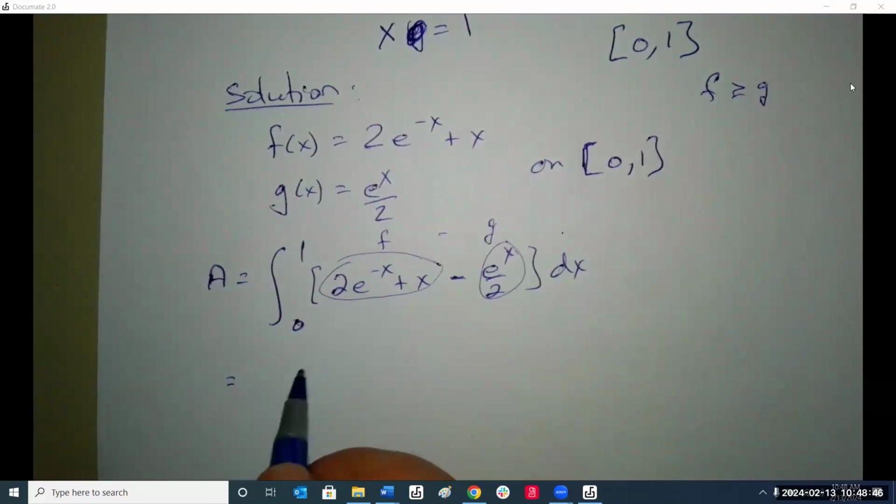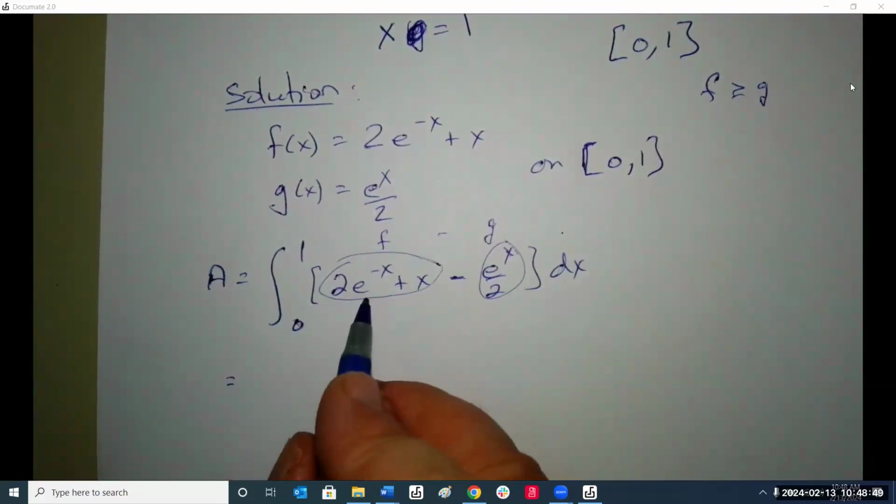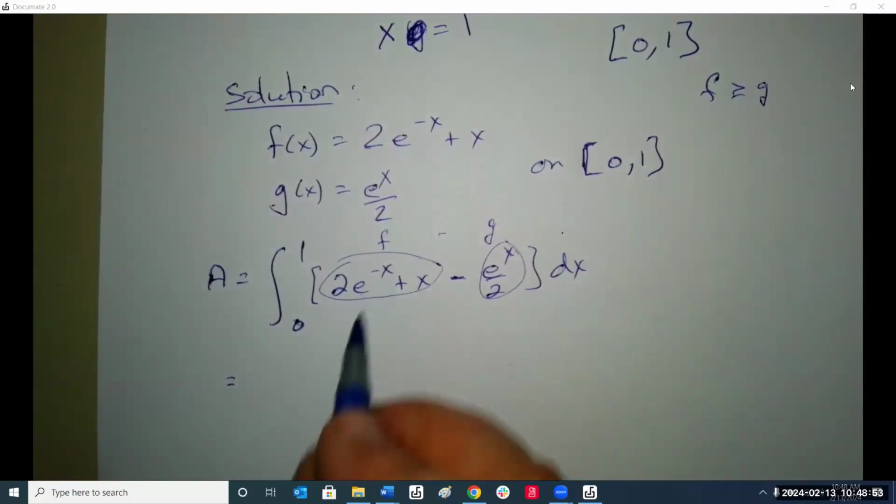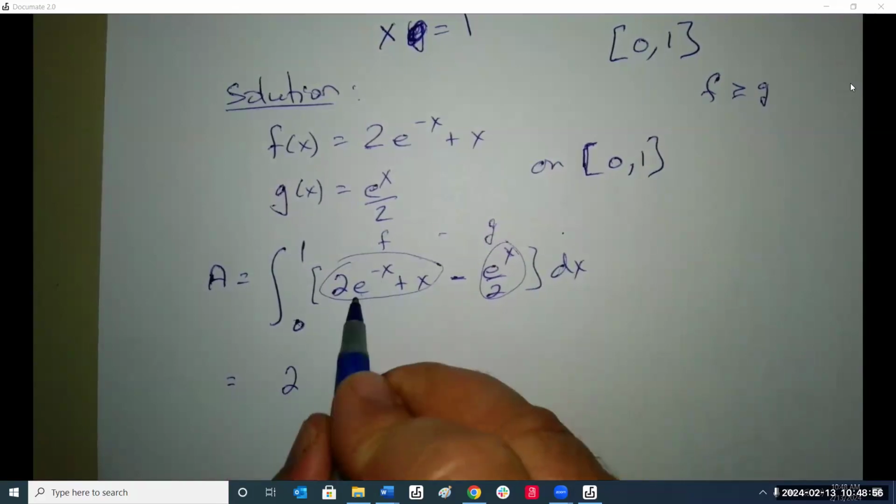So integrating each one of these, the integral of e to the power negative x is e to the u du.